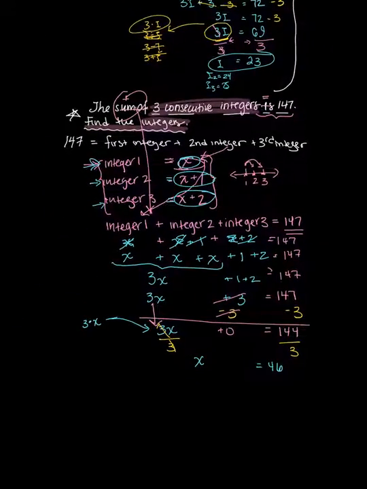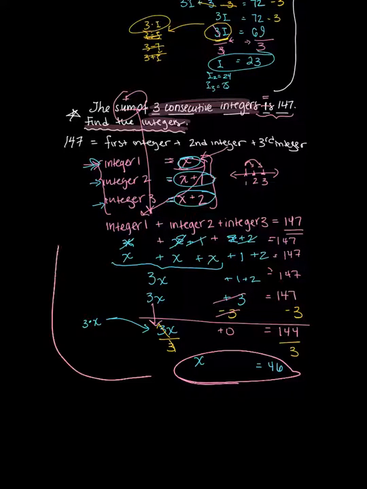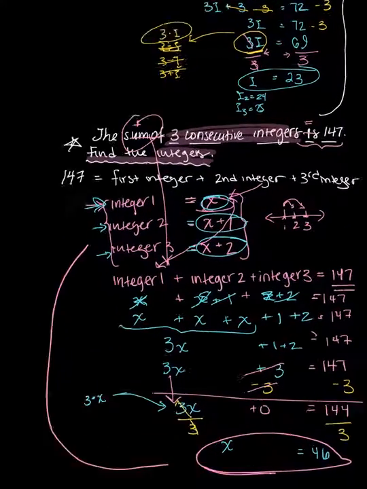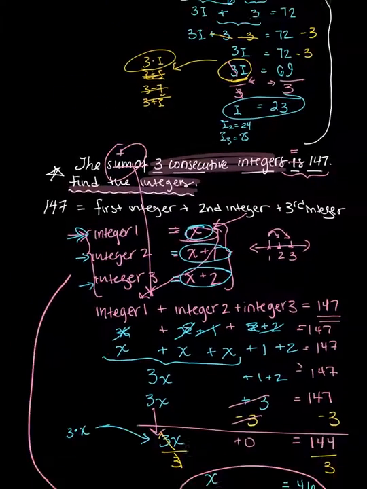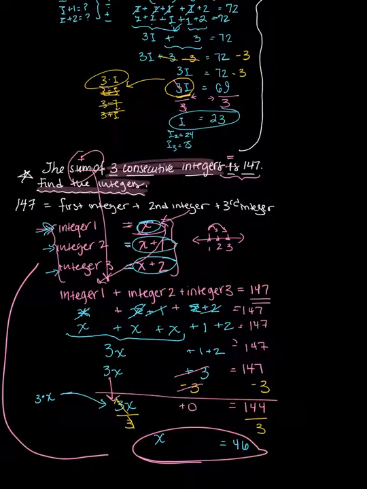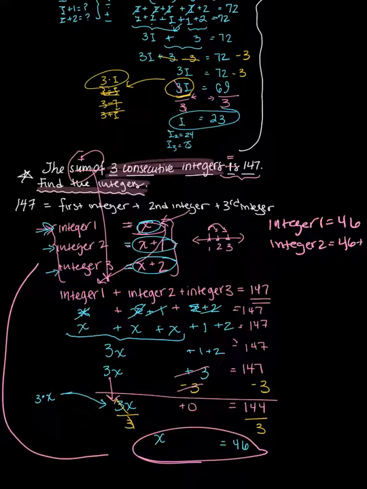Okay. Let's look at this. I said x equals 46. Let's look back up here. Integer 1 equals x. So therefore, integer 1 equals 46. So integer 2 equals 46 plus 1, based on the fact that it was x plus 1.